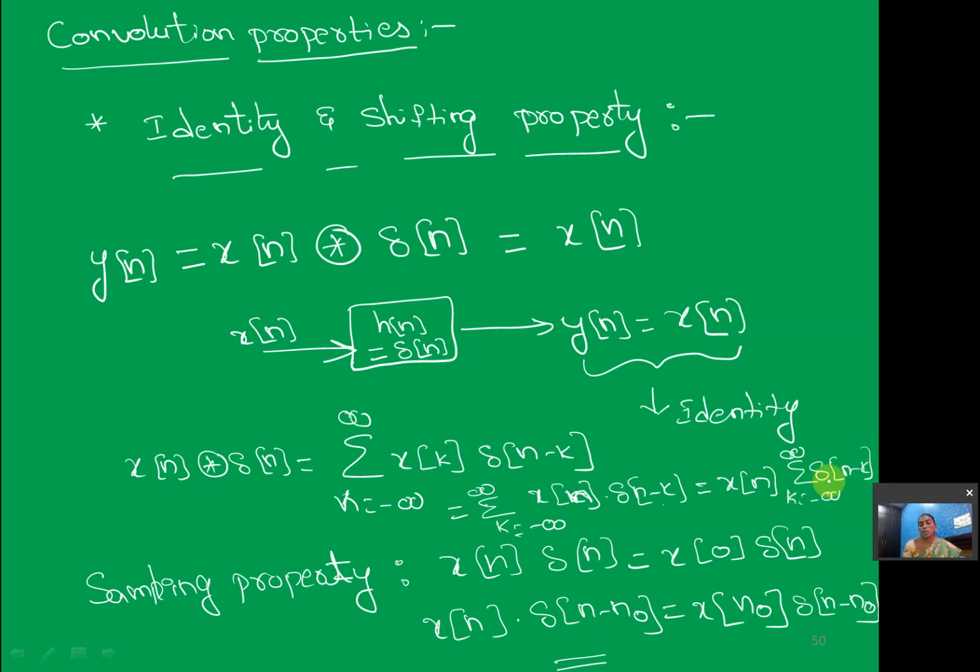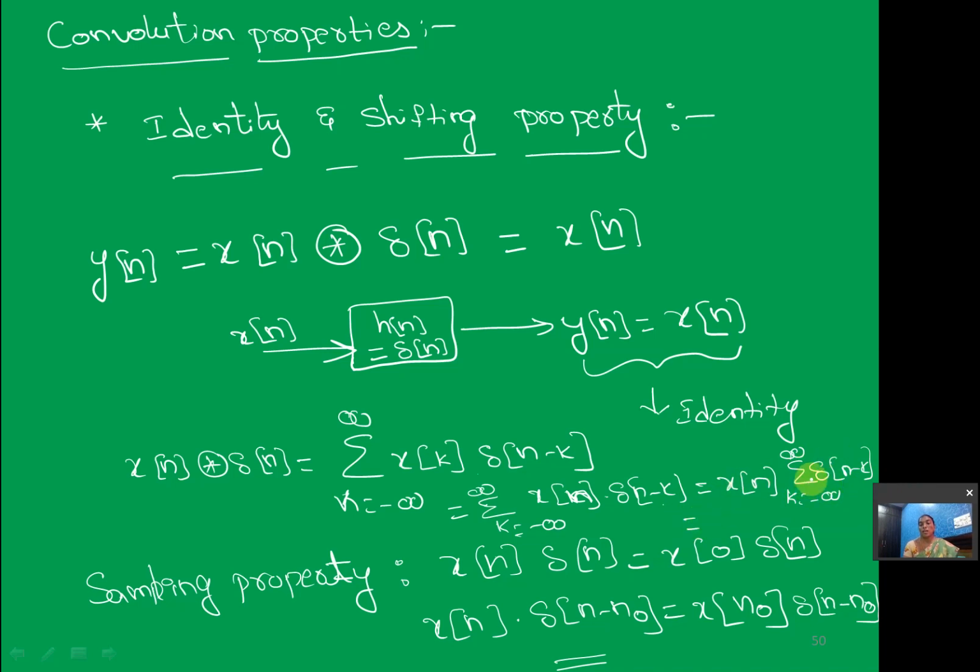What is the summation of the impulse function? Always 1, since it exists only at one value. At n is equal to k, it gives the value 1. If you sum over the whole k range, you get the amplitude only at k is equal to n, and that value is 1.